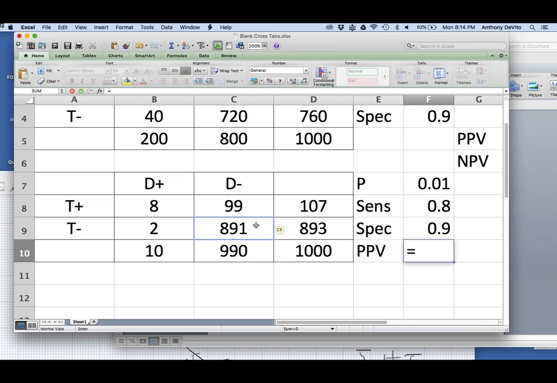Of those 107, how many actually had the disease? 8. 8 over 107. If you get a positive test, what's the probability you have that disease? 7%. 93% of the people who test positive with this test don't have the disease. What did we just see the sensitivity was for Pap smears?